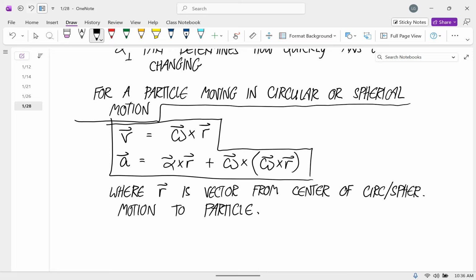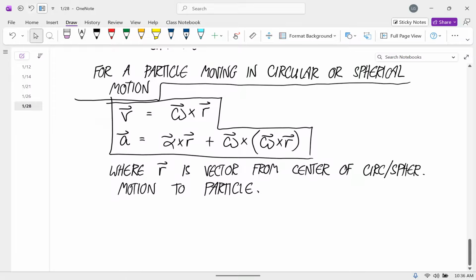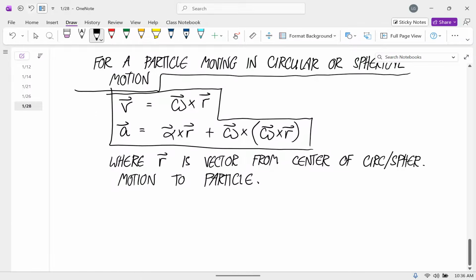That definition of r is really important, and that's going to come up on quizzes more than once. Okay, so remember that. Omega is the angular velocity vector, alpha is the angular acceleration vector.